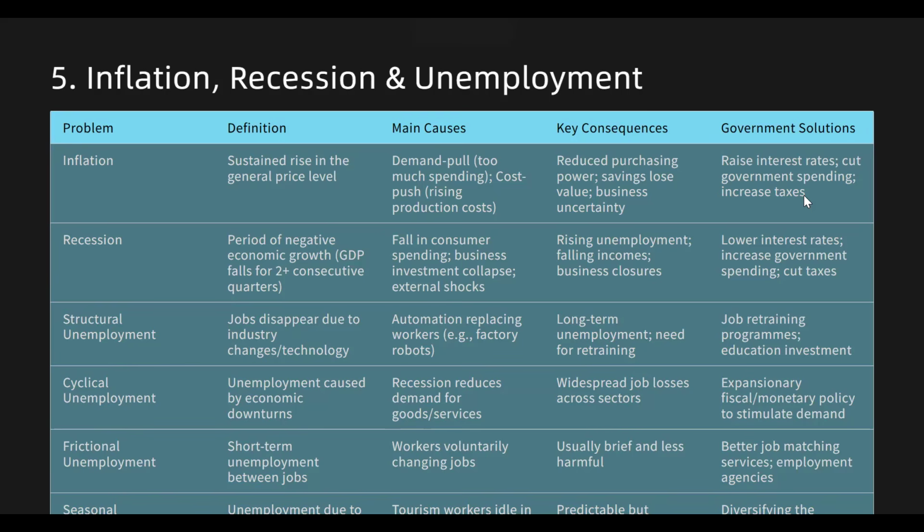So now loans are easier to afford. So people are more likely to take a loan and spend their money. Or we could cut taxes. If we cut taxes, people now have more money in their hands, they could spend more. You understand now? Yes, sir. Alright.